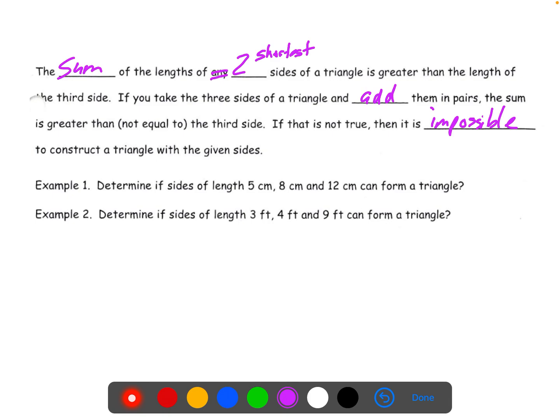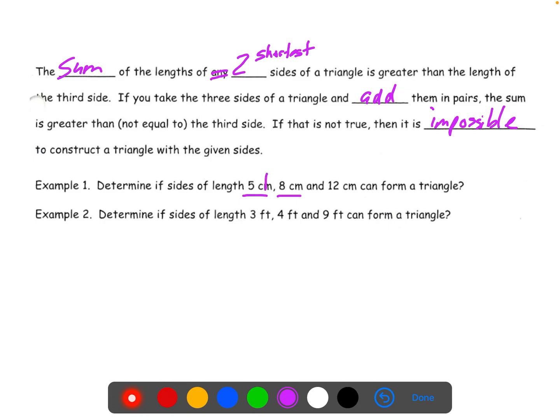And let's take a look at this example before we try to explain it any further. I think the example will really help kind of clear up what we're talking about. So determine if sides of length 5, 8, and 12 centimeters can form a triangle. Going back to our rule, we're going to add the lengths of the two shortest sides, and those two shortest sides would be 5 and 8.